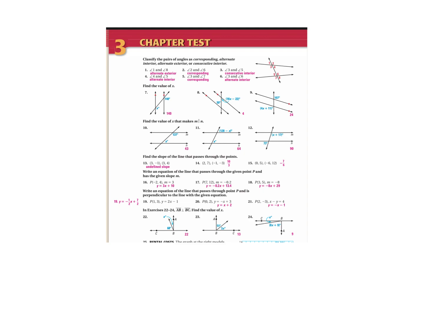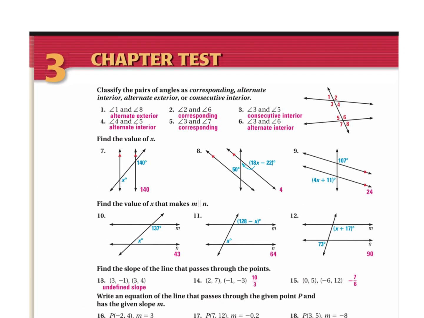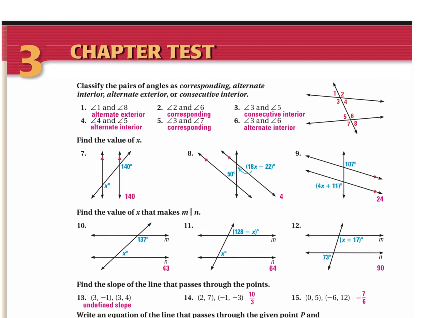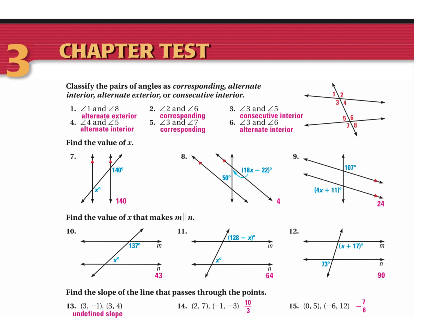So for chapter 3, these are just identifying the special angle pairs. So notice I've got my 2 lines and then I've got my transversal. So 1 and 8, these are alternate exterior. Then 2 and 6 are corresponding. 3 and 5 are consecutive interior. Now, if these lines were parallel, then the consecutive interior would be supplements and all the other ones would be congruent.